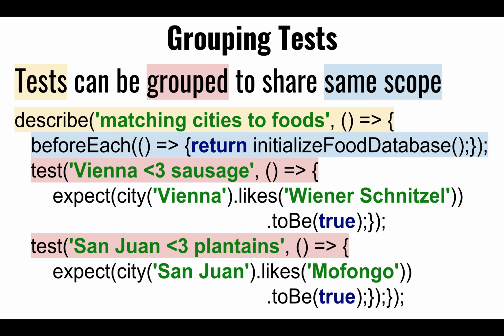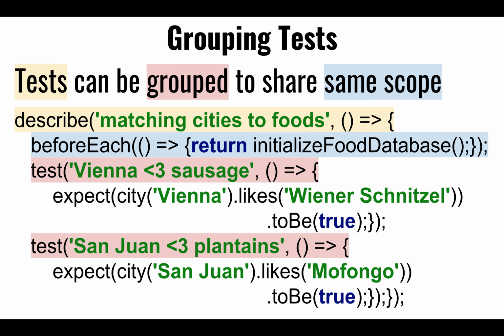Notice the describe is a function. There it is, the function. Internally, you have two tests running in here, testing that Vienna loves sausages and San Juan loves plantains, and verifying that Vienna loves Wiener Schnitzel and San Juan loves mofongo.